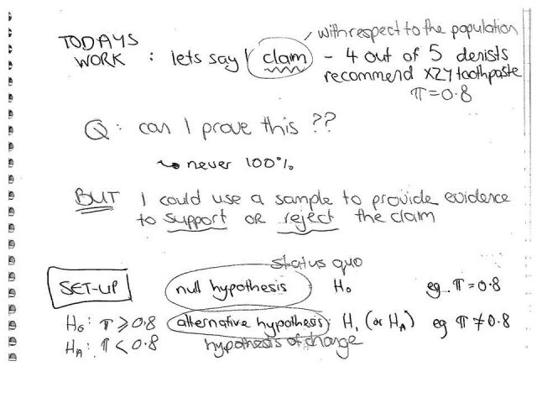So if I'm claiming that 4 out of 5 dentists recommend XYZ toothpaste, and you then go and survey 50 dentists, and you find that the sample proportion is in fact 20%, 20% would be a long way from 80%, and certainly that sample would be suggesting that my claim is false.